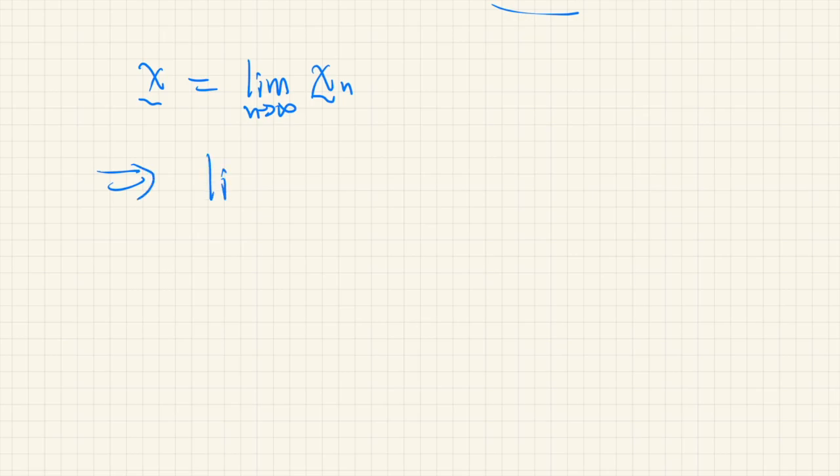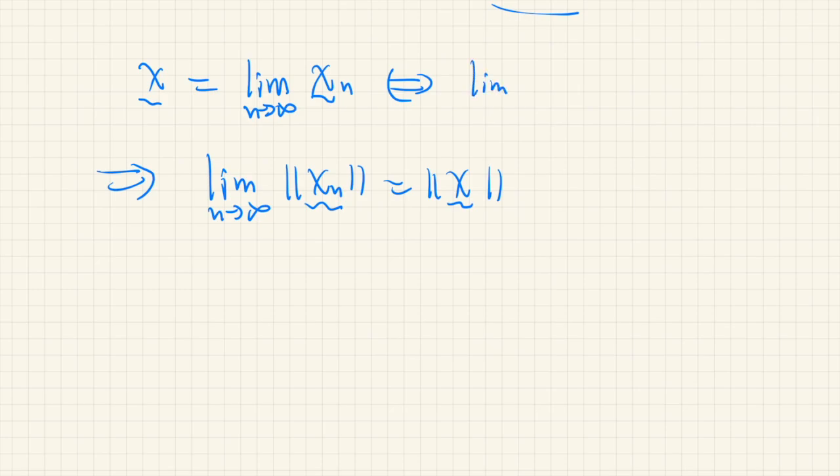So by the continuity of the norm, we mean this: if xn converges to x, then the norm of xn converges to the norm of x, which seems quite trivial, but anyway, let's prove it. And again, this convergence means the limit of the norm of the difference between xn and x converges to 0.